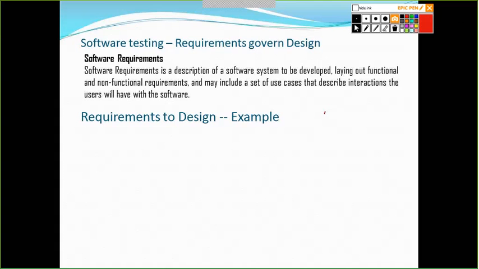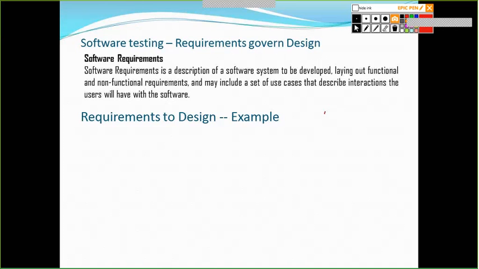So any salesman that talks about his product is basically describing the requirement. There is nothing new he is going to invent in it. Whatever the requirement was for that particular product, which got converted into design, is what your sales guy is going to describe. So requirement is a description of the system.